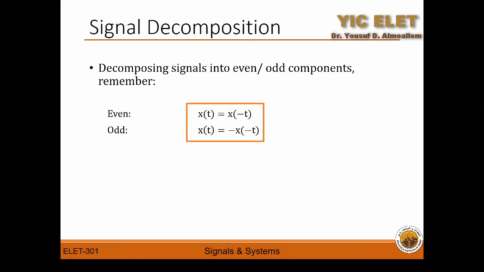Signal decomposition: we are decomposing the signals into two parts, the even part and the odd part, or the even component and the odd component. So remember that this is the even function and this is the odd function. So what if x is neither even nor odd?